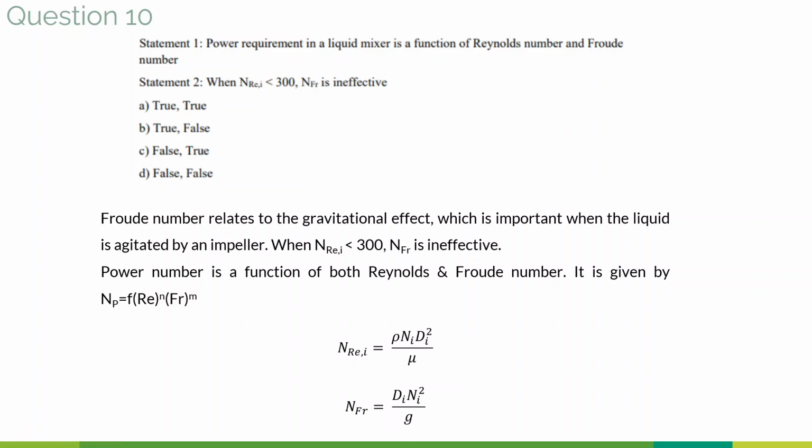And whenever you calculate the impeller Reynolds number, if that is less than 300, then your Froude's number becomes ineffective. That is, the effect of your gravitational force is not that strong.